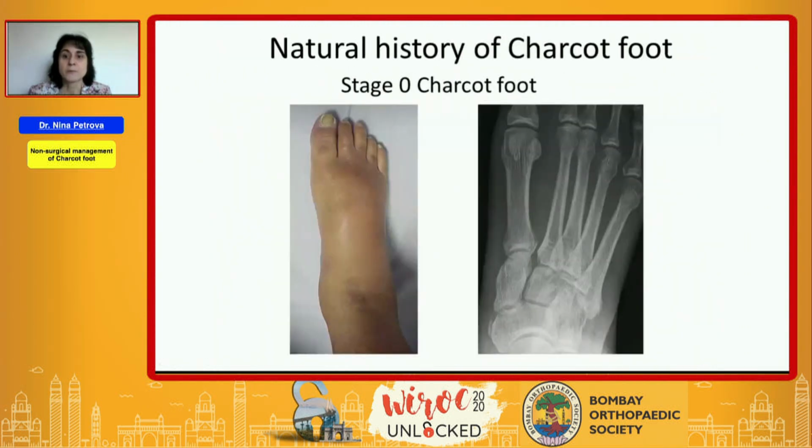It is extremely important to recognize the natural history, and recently there has been a recognition of a pre-radiological stage, the so-called stage 0 Charcot foot, which again presents as a hot inflamed foot, but the X-ray is usually normal.